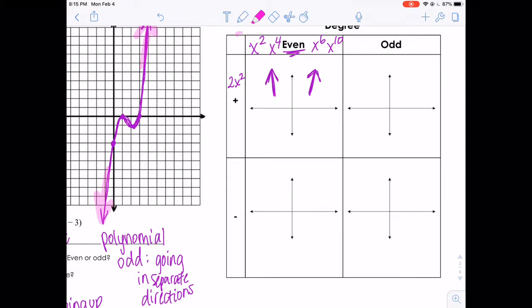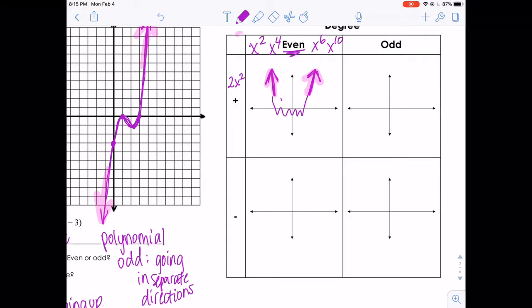So I know for sure this is going up like this. I don't really know what's going to happen in here. It could do something crazy, like that, or it could be really boring and go like that. No matter what is happening down here, I know that it's for sure going to go up.